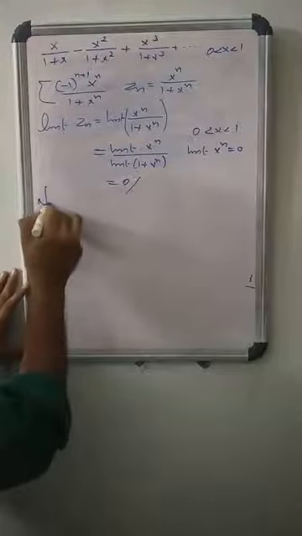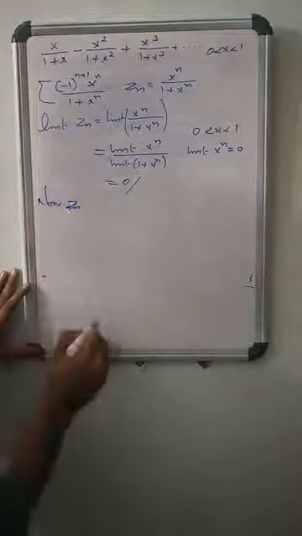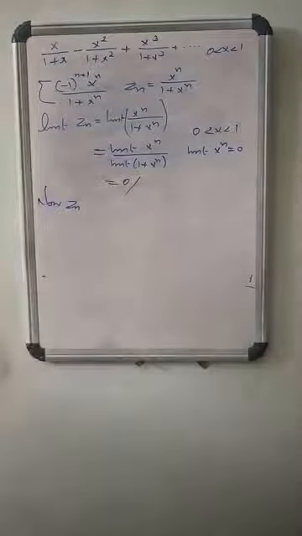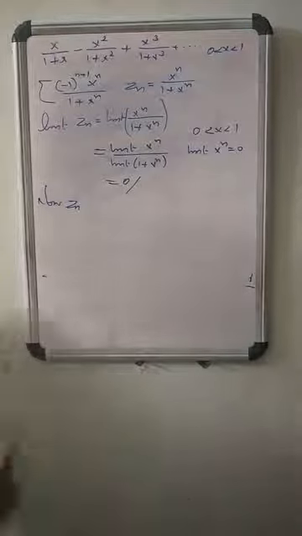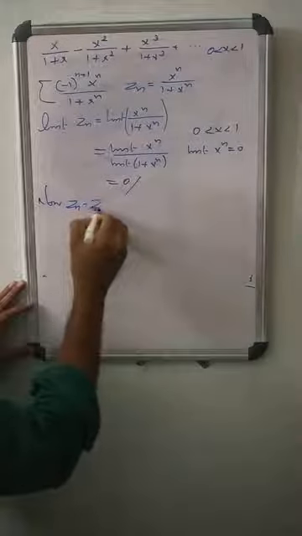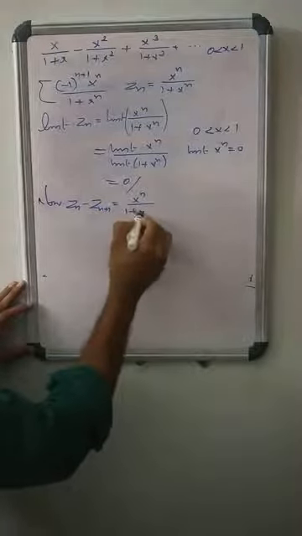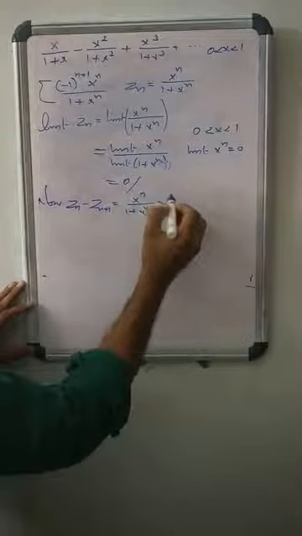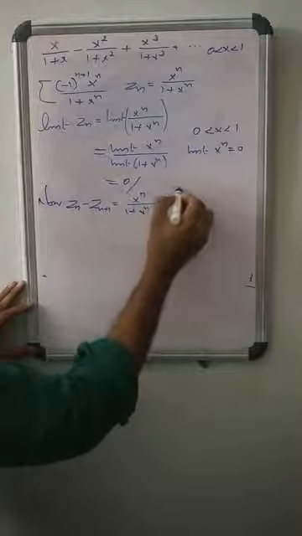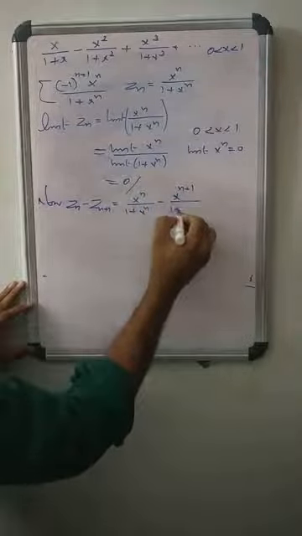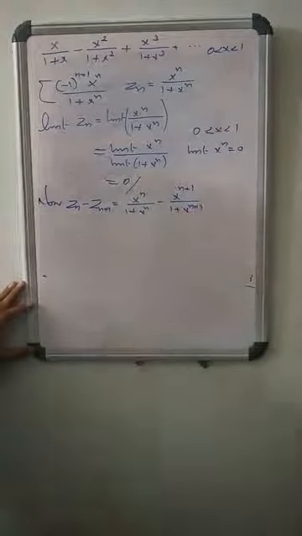Now, what about Zn minus Zn+1? Zn is x^n/(1+x^n), and Zn+1 is x^(n+1)/(1+x^(n+1)).